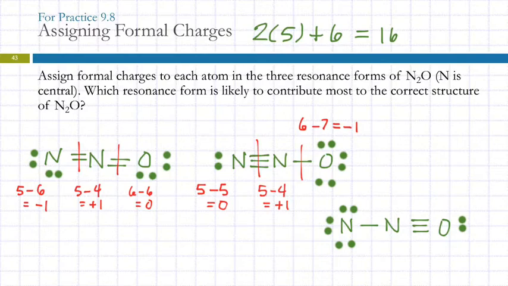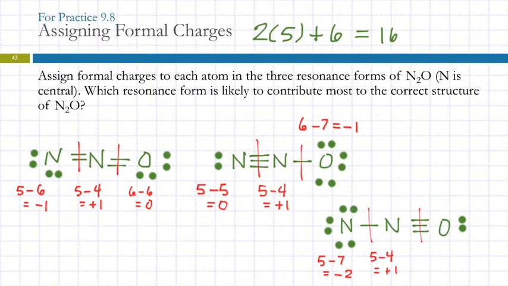And then let's look at this guy over here, cutting him up. The nitrogen here brought 5 electrons and is leaving with how many? 7. So that's a formal charge of -2. The one in the middle, 5 minus 4 again.